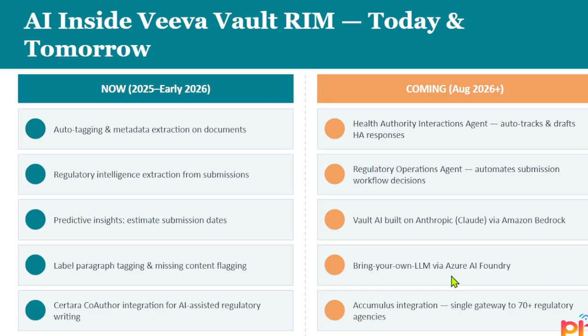So suppose we think that Gemini or ChatGPT is more efficient, we can integrate our own LLM into this Veeva RIM. Then we have a single gateway to 70 plus regulatory agencies. These are some of the upcoming Veeva AI plans which we will be seeing in the next couple of months in the RIM software.